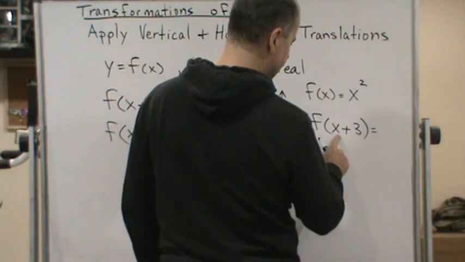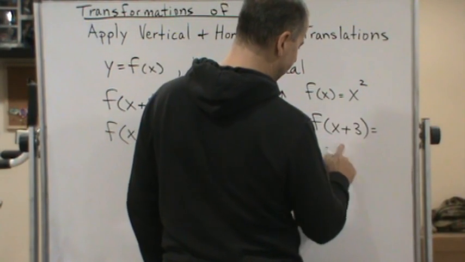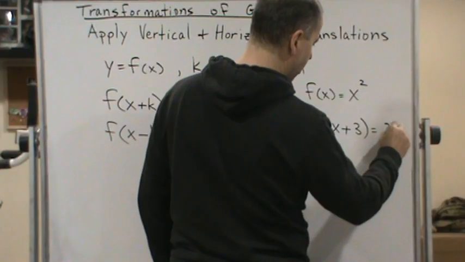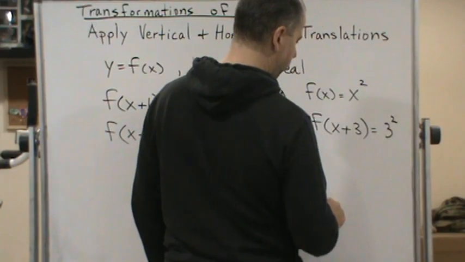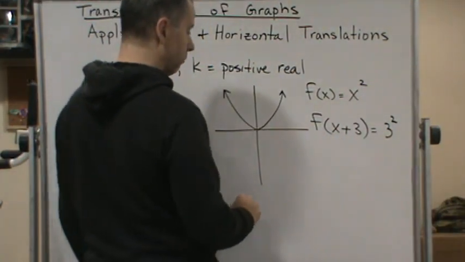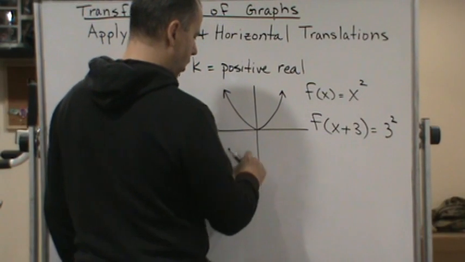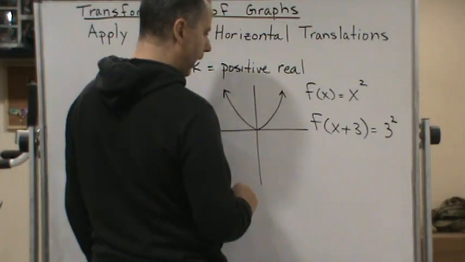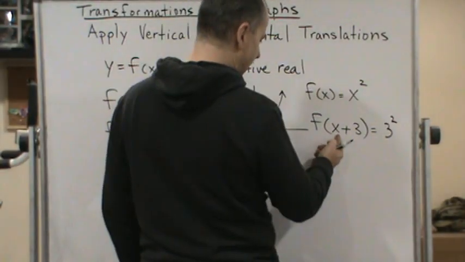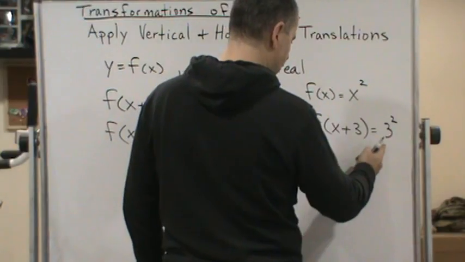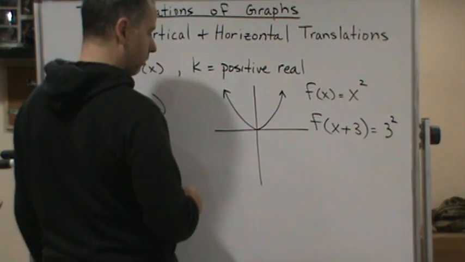But if x is 0 here, what do I get? I get 3 squared, which is 9. So when x is 0, it's 9.